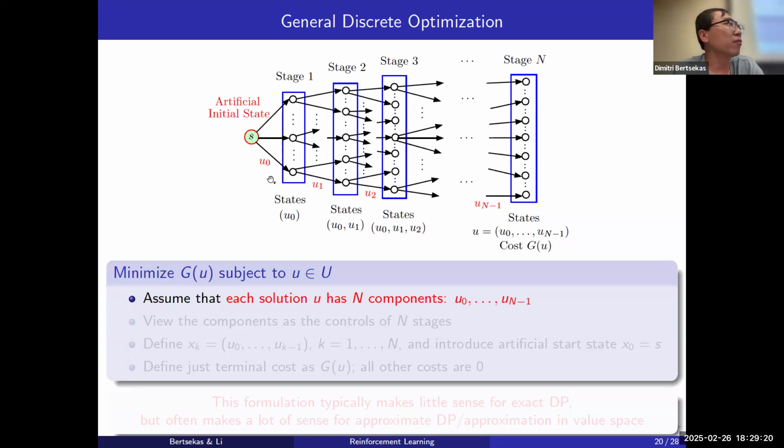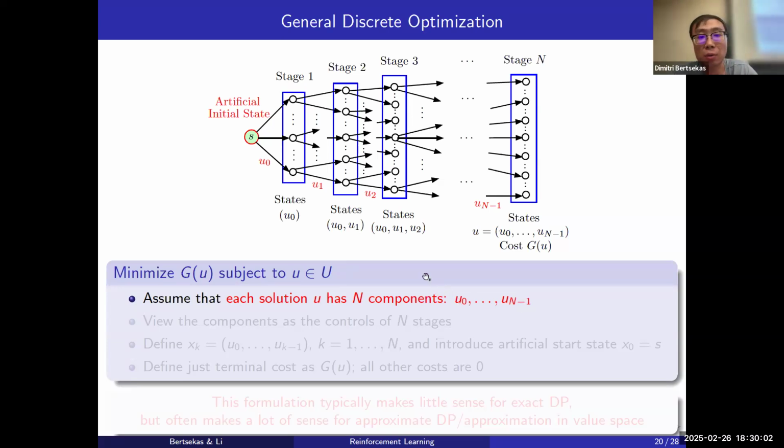Some of you may feel this is familiar, because the traveling salesman problem that you have tried and studied so hard can be a special case of this general discrete optimization problem, whereby our goal is to minimize a cost function g of u subject to the constraint that u belongs to this constraint set U. We assume that each solution u has n components, u0 to un minus 1.